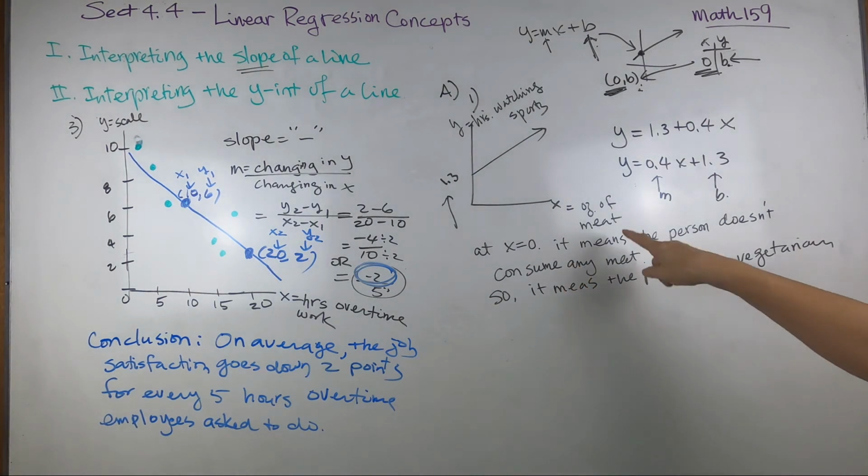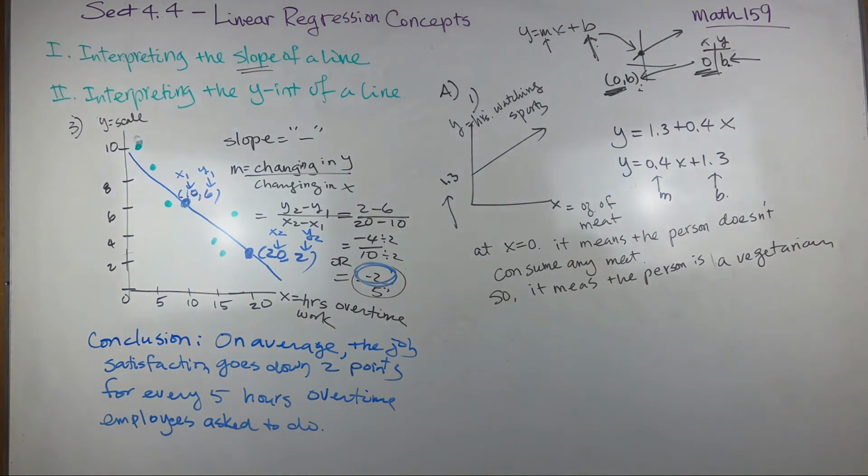But we are talking about the ounces of meat a person eats on average per week. Then we're talking about a person who is a meat eater, not a vegan, not a vegetarian.